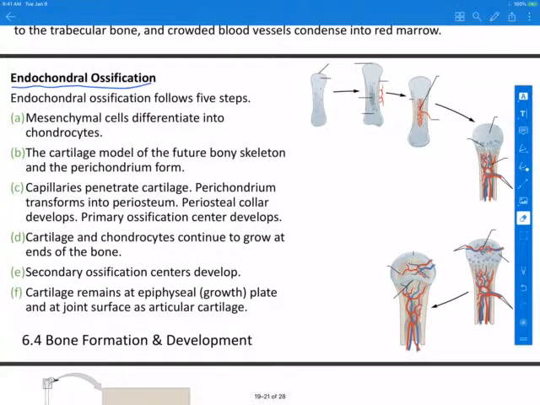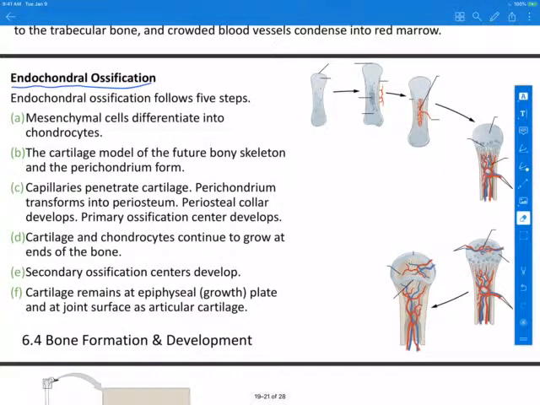So basically, chondroblasts secrete the matrix, which becomes the cartilage. The matrix surrounds the chondroblasts, and they become chondrocytes. And so that's very similar to how bone is formed. Just remember that cartilage is avascular, and bone is very vascular.